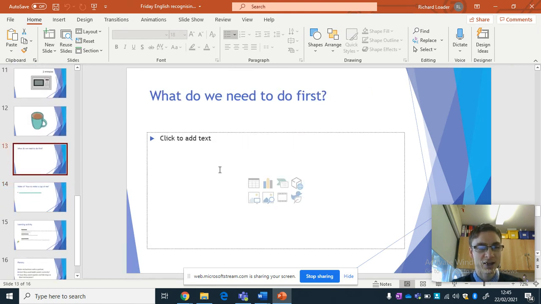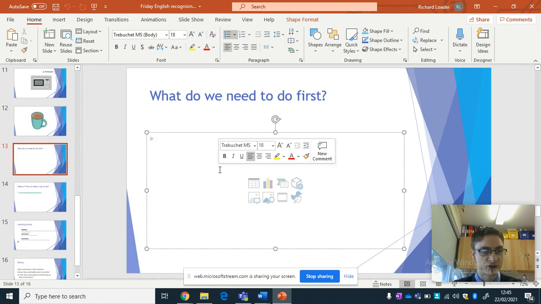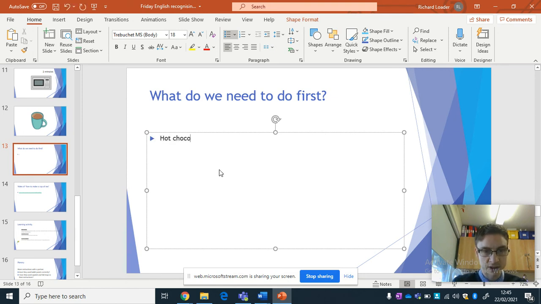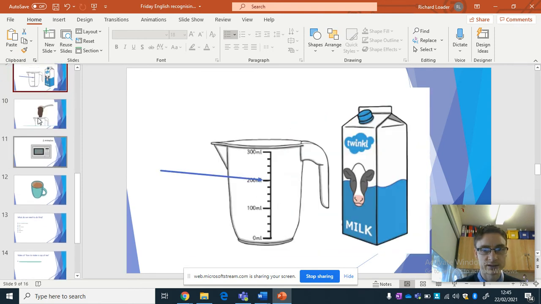Okay, so to make a hot chocolate, now I could read you the instructions, couldn't I? But I thought we'd just go from the pictures. So we need hot chocolate powder. We would need milk. We would need a microwave, a jug, teaspoon. Is there anything else that we need? Mug as well, of course. Put it into. I think that's it.